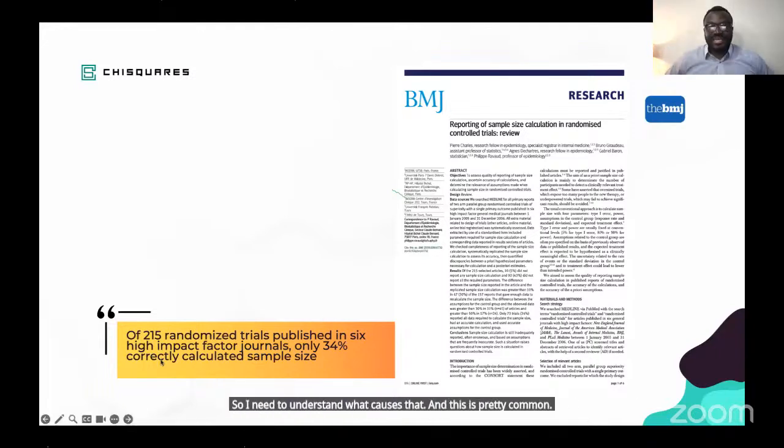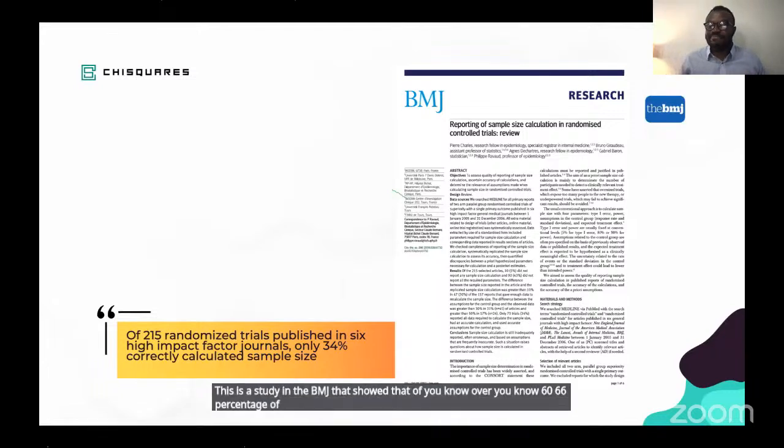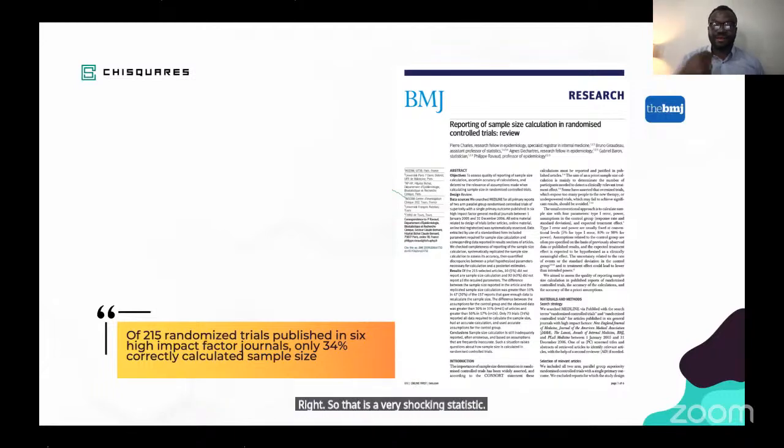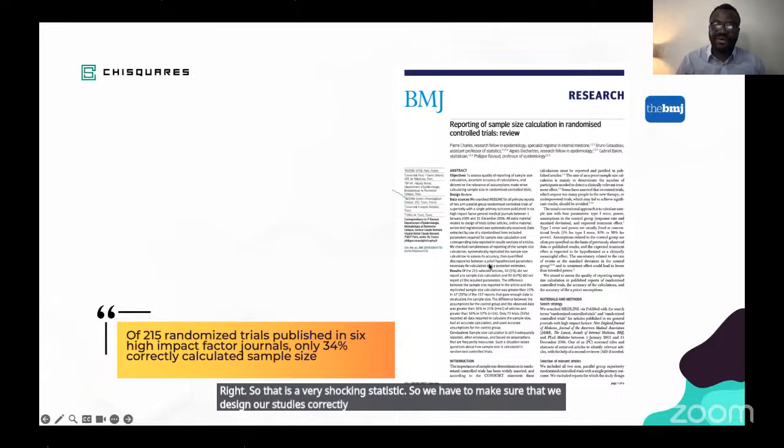This is a study in the BMJ that showed that over 66% of high impact factor clinical trials published in some of the top journals did not calculate sample size correctly. That is a very shocking statistic. So we have to make sure that we design our studies correctly and account for sample size so that we avoid type 2 error.